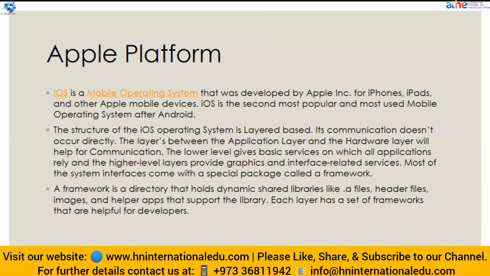Each layer has a set of frameworks that are helpful for developers. Directory means a path in which you have different folders, with different libraries, like libraries for files, header files, and images. This is how the framework works in the mobile platforms.